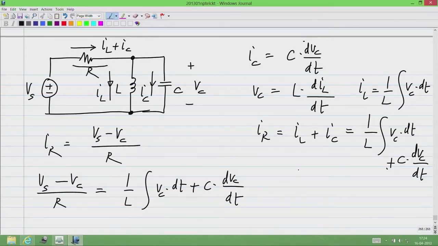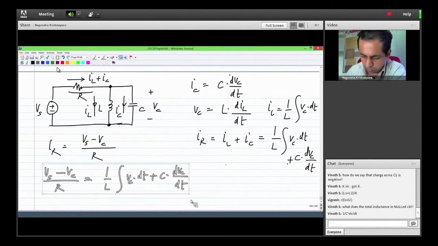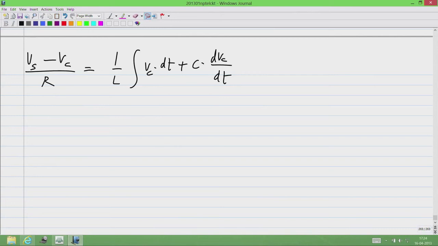Now, this has integral and differentials in the same equation. We would like to have only a differential equation where everything is expressed as time derivatives. Okay. So, what I will do is I will differentiate the entire expression once more. I will also move R to the other side.